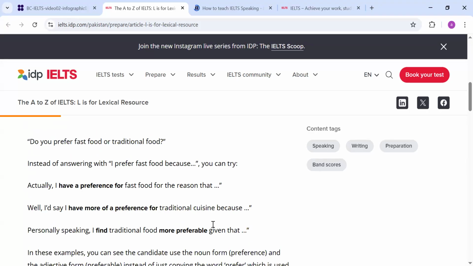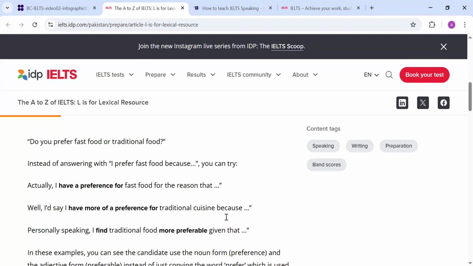In other ways, they started with phrases like, well, personally speaking, I find. They use find instead of prefer in place of the verb. Traditional food is more preferable, given that. Here they are using a different form of that word, relevant to prefer, but a different form of prefer.